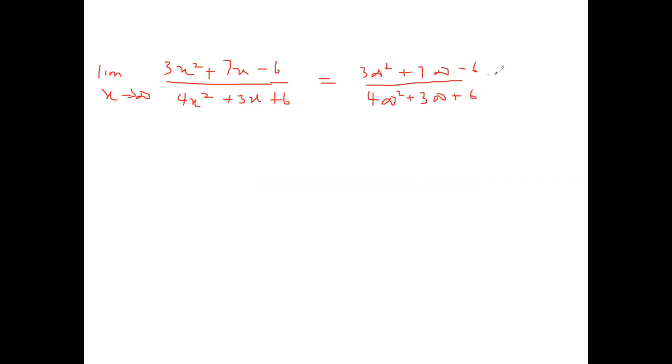So the numerator will be infinity over, what? The denominator will also be infinity. So which means we need to re-express the rational function here.